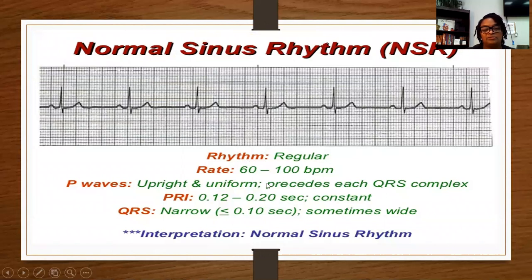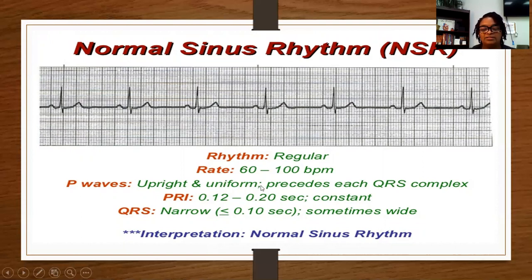Okay, so to determine your normal sinus rhythm, here we see the rhythm is regular. There's about equal space from R to R. And of course, you'll count your small blocks in between each when you're looking for your regularity.